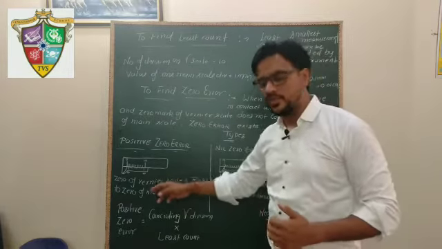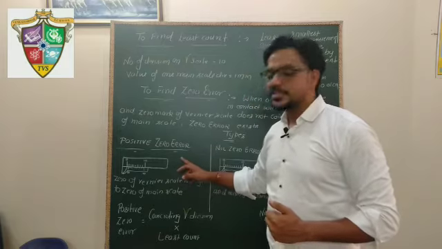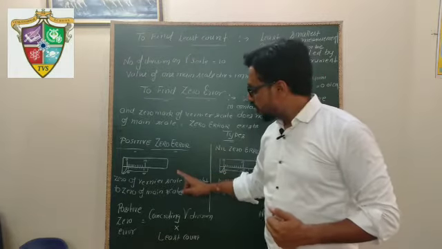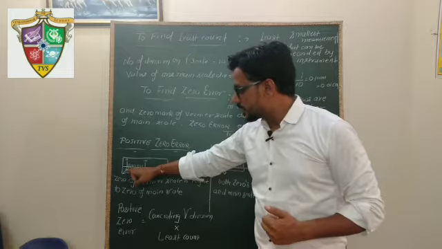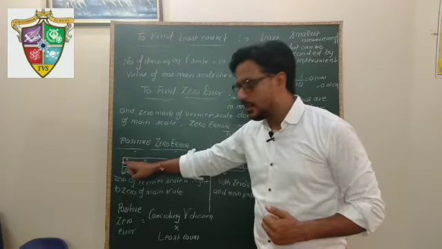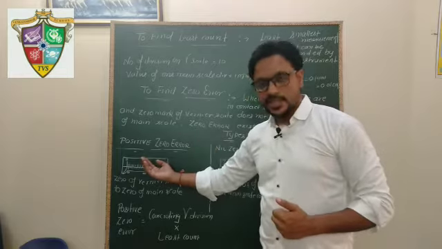If the zero of the vernier scale is to the right of the zero of the main scale, it means there is positive zero error, and you can see this is the zero of the vernier scale and this is the zero of the main scale, and this zero is on the right side of the main scale zero.